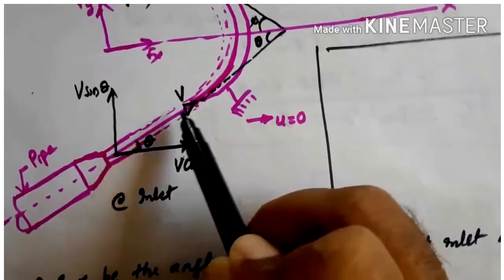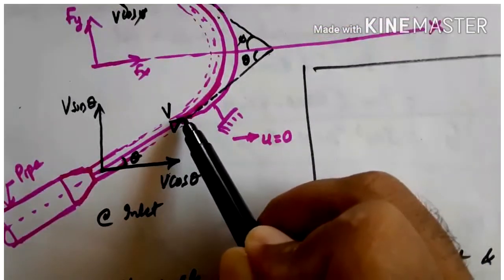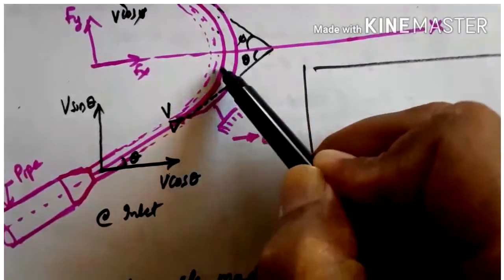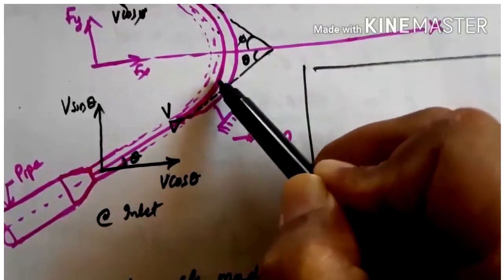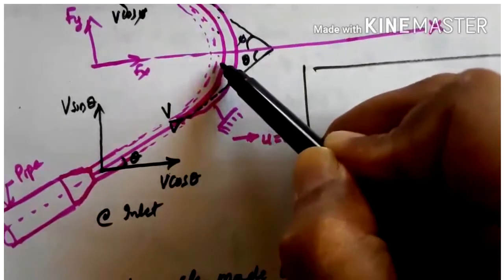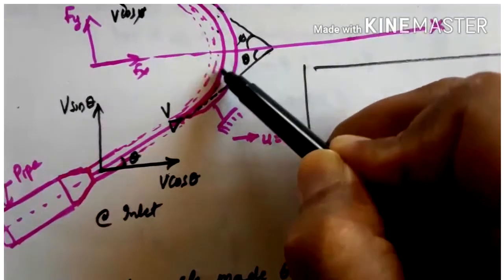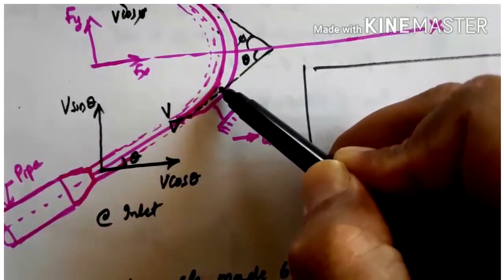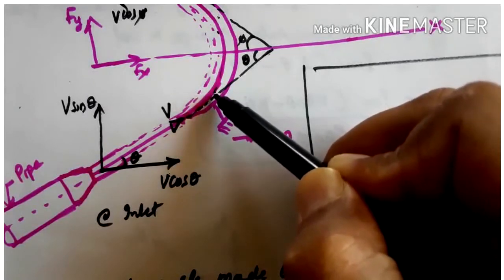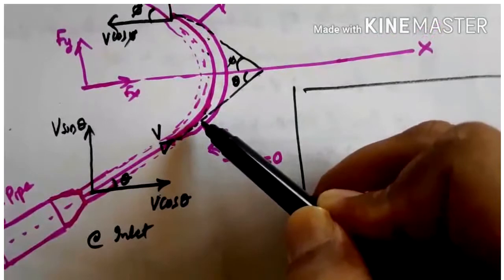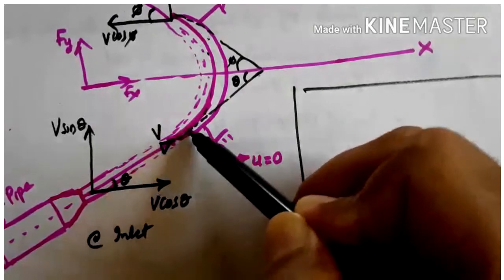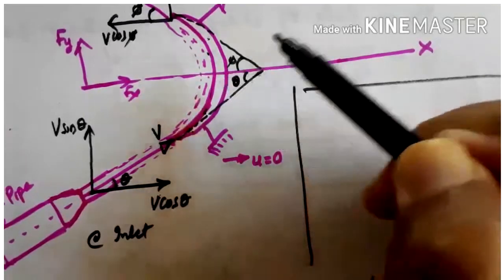With this input, the water enters the surface of the vane and glides over the surface. Then the momentum change of the fluid takes place. Because of that, the vane receives a force, and if the blade gets displaced because of that force, then we say work has been done. If the blade is not displacing after applying the force, then the work has not been done.